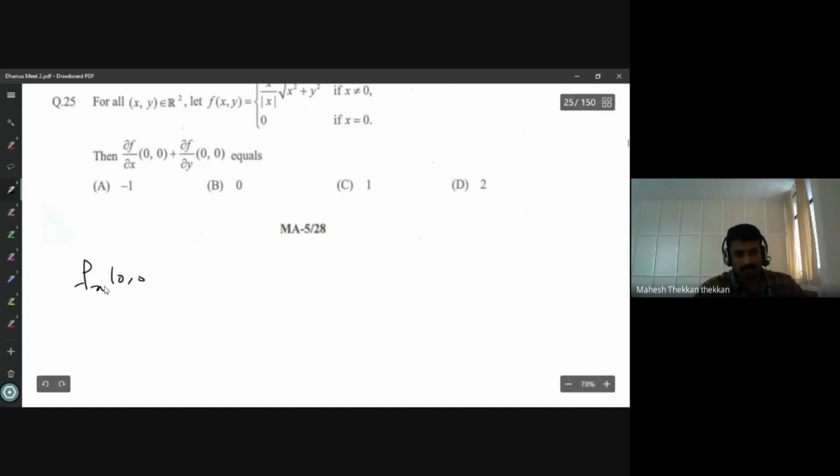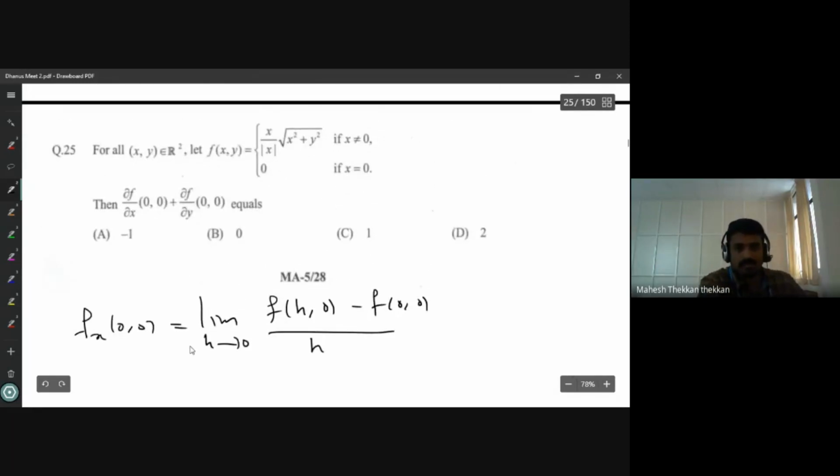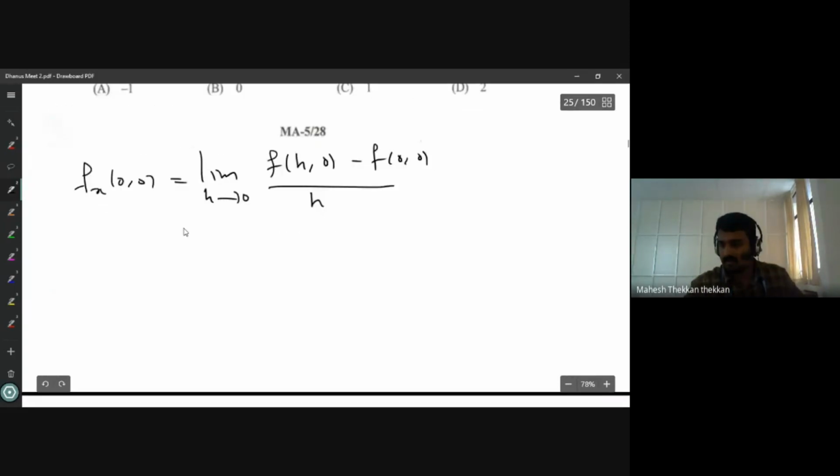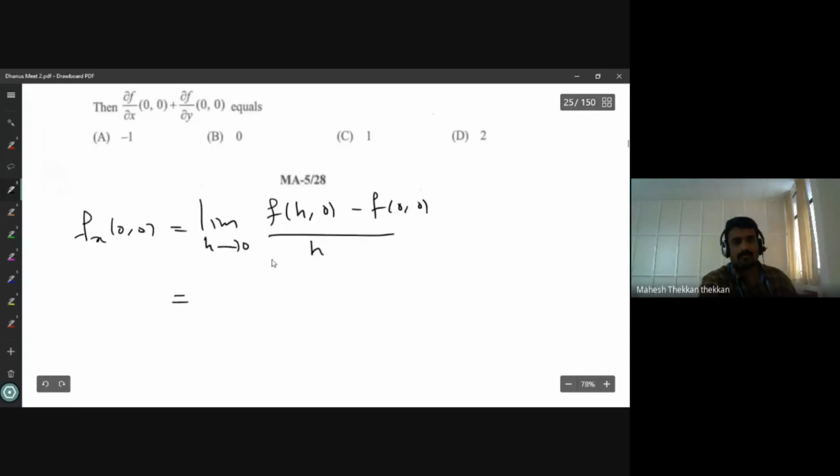So fx at 0, 0: what is that? Limit h tending to 0, f of h, 0 minus f of 0, 0, divided by h. So what is f of h, 0? Here x is h. If you substitute here, what will you get?